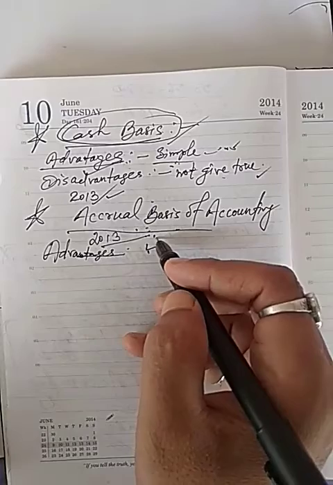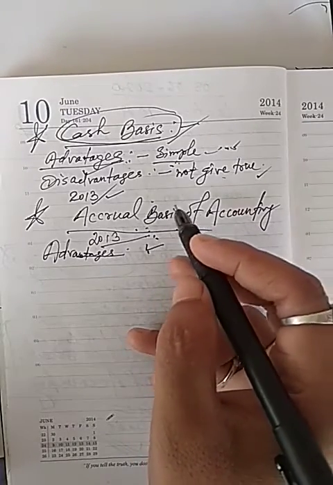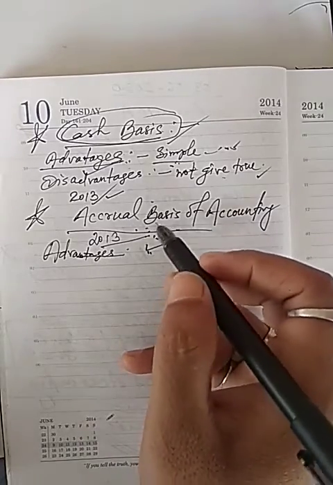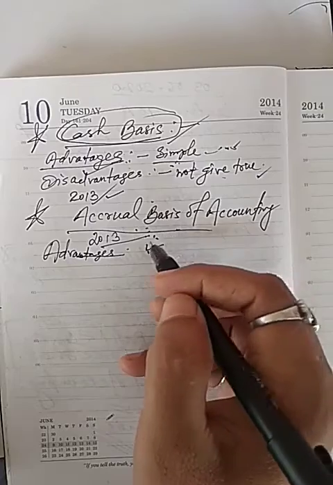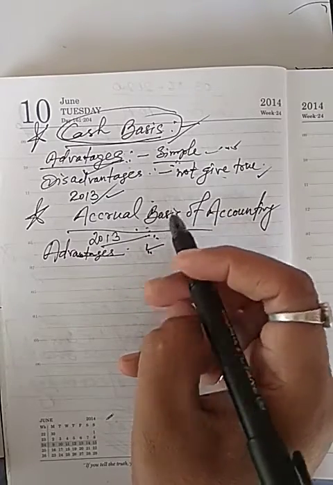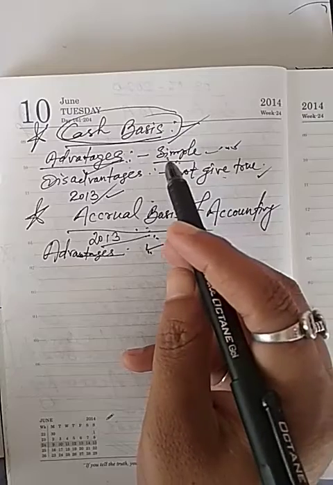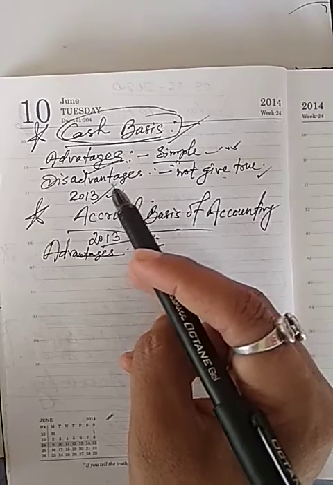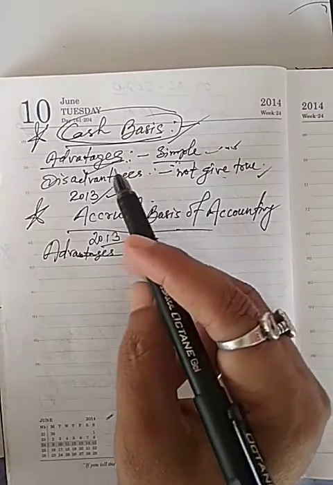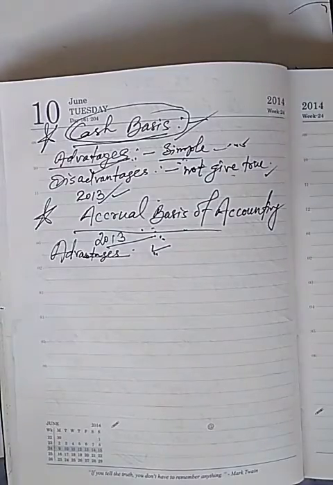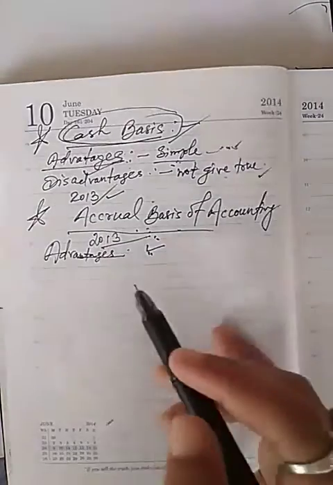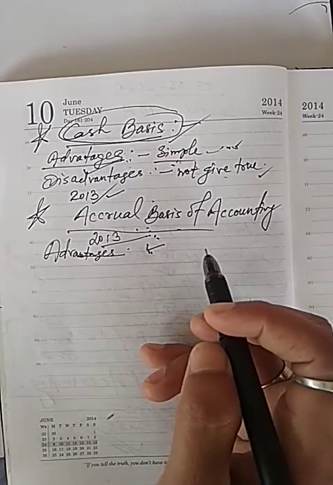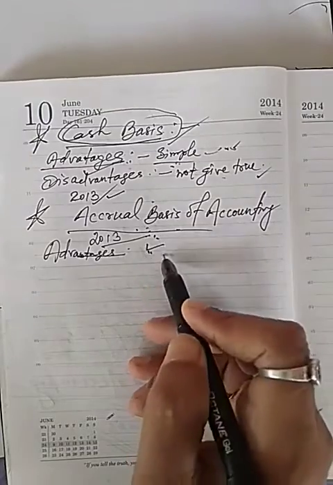It gives a true picture of the financial position of the business at the end of a particular period, because it takes into account all transactions relating to a particular period and all adjustments like outstanding expenses, prepaid expenses, etc. Second advantage, it follows the matching principle of accounting.